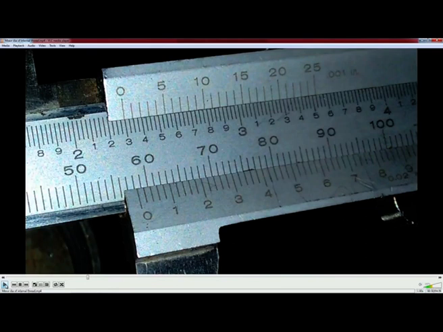The approximate minor diameter as measured using a vernier caliper is 55, 56, 57, 58 millimeter, and then we have to add the vernier scale reading. It is the 20th reading, the 20th line is coinciding with the main scale mark. So, the vernier reading is 20 into 0.02.